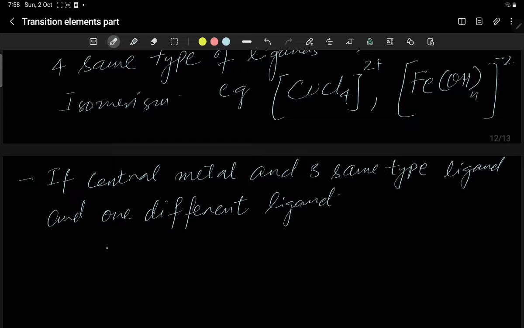I have used a generic name. For example, this is the metal ion, this is ligand A, and this is another type of ligand B. If three ligands are A and one ligand is B, then there is no cis trans isomers.